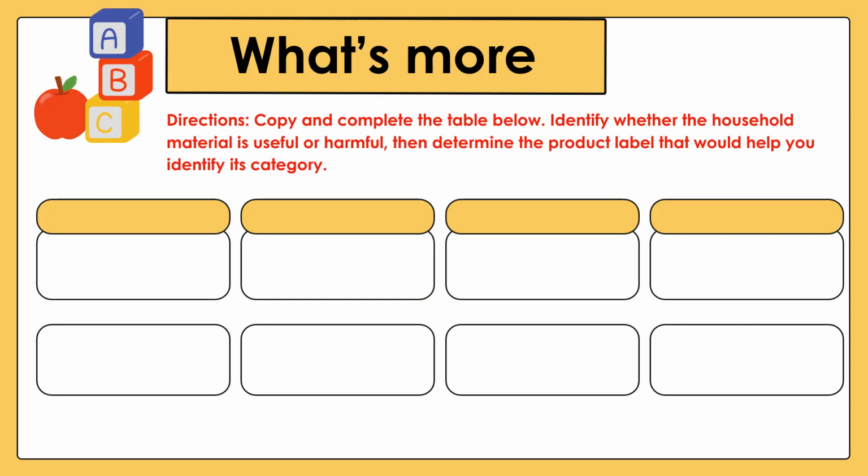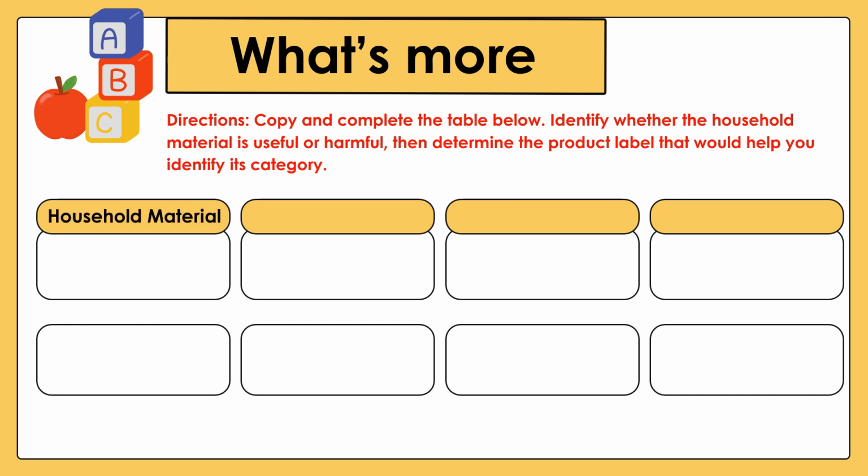Let's have another activity with What's More. Directions, copy and complete the table below. Identify whether the household material is useful or harmful. Then, determine the product label that would help you identify its category.